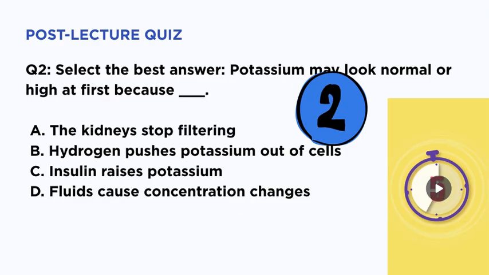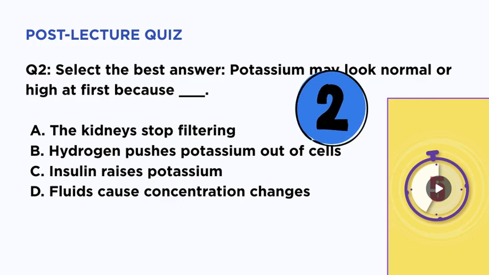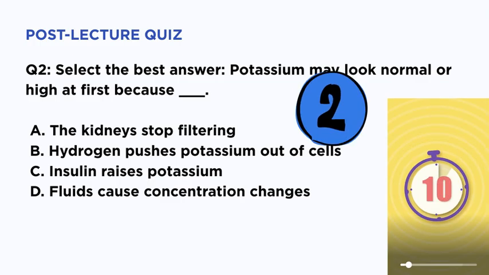Question number 2. So let's select the best answer. Potassium may look normal or high at first because of what? So it looks normal and sometimes it goes higher, and then after that you end up with hypokalemia because of the insulin. Okay, so the correct answer here, y'all, is letter B. So what's the reason why?